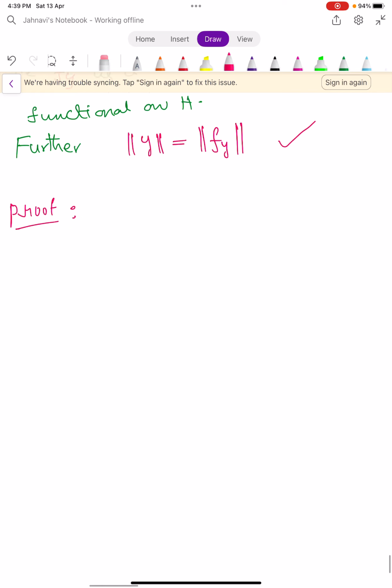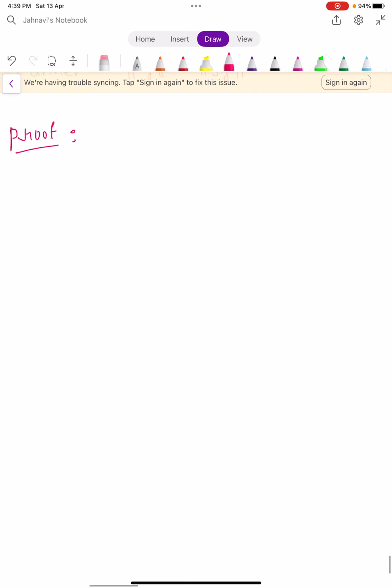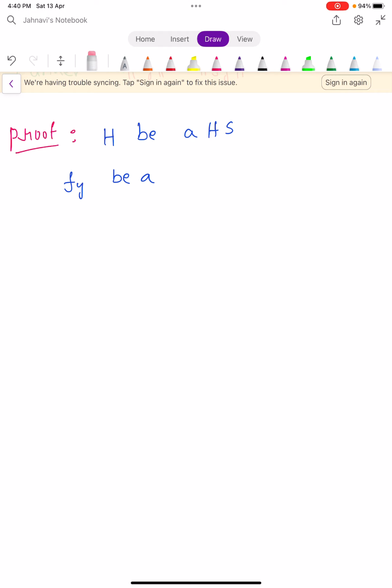That's it. So let us prove step by step. Let y be a fixed vector in a Hilbert space capital H. So by statement we have capital H be a Hilbert space, and fy be a function. Before writing fy, we said something about y: here let y be a fixed vector.